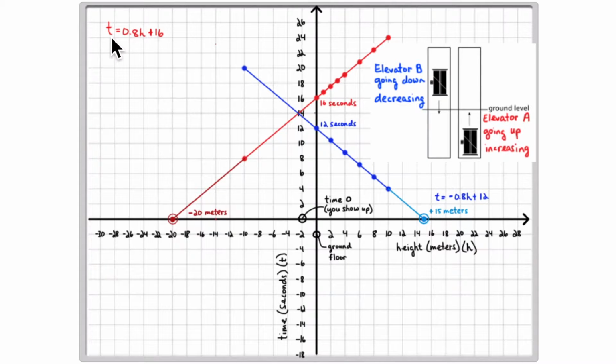So time in this case is dependent. That goes on the y-axis or the vertical axis. So the time is dependent on the number of meters that you're looking at, the height. So height is independent. And so this is hard to look at. It's hard to explain, a little bit difficult for me to understand.